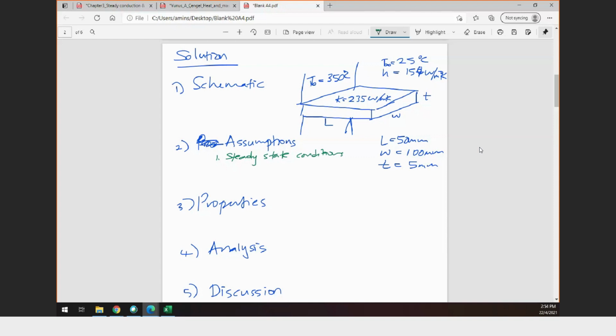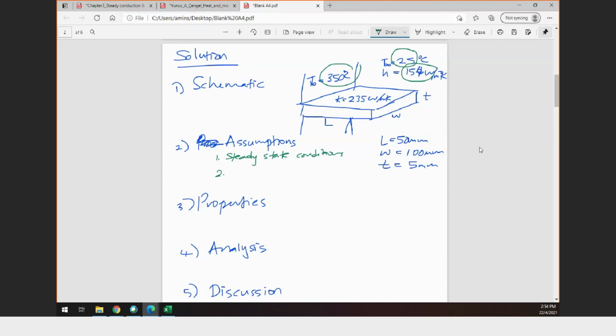Because normally this value of h, if we check in an actual way, fluctuates as time changes. But for this case, to simplify the analysis, we say it is constant, it's fixed, so it's a steady state condition.